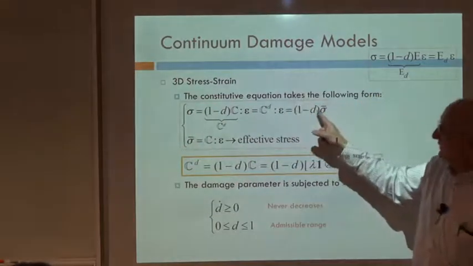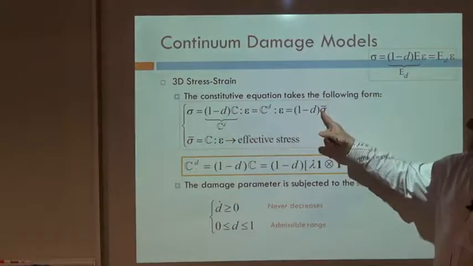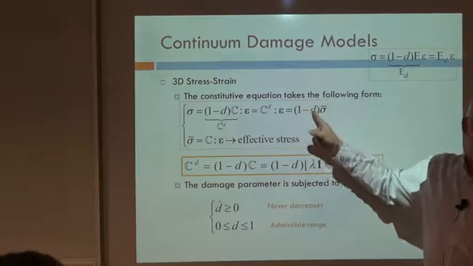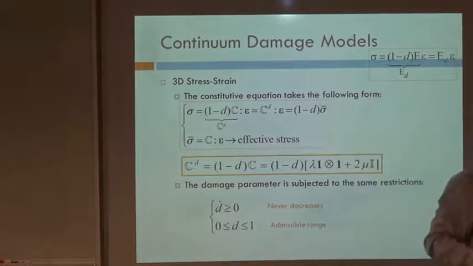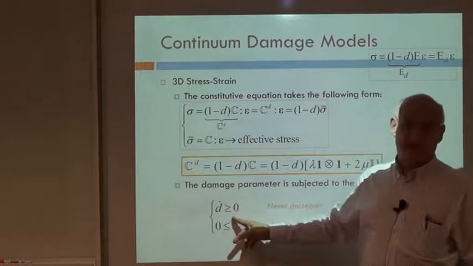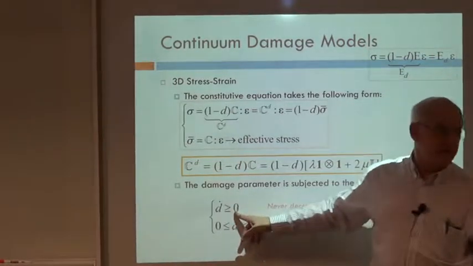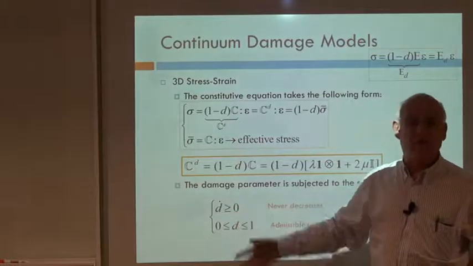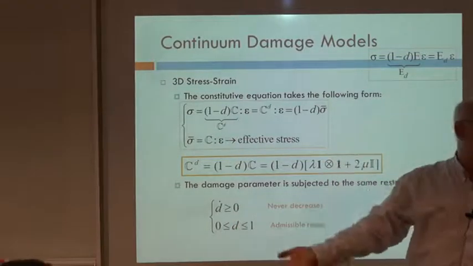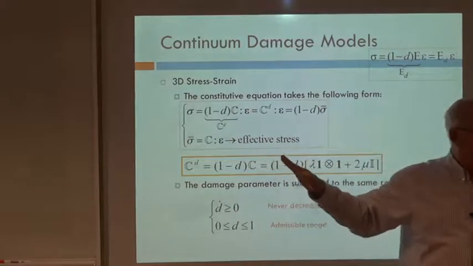Then we'll say again that the apparent stresses are equal to the effective stresses multiplied by a reduction factor that is evolving along time. This reduction factor has the same restrictions that we have seen for the 1D cases. D dot is greater than or equal to 0. So the damage always increases, never decreases. At most, it remains stationary.